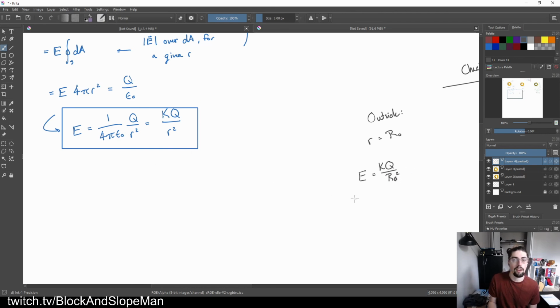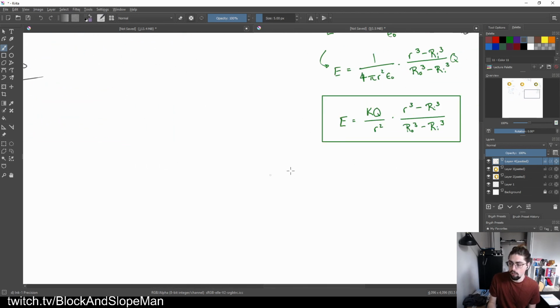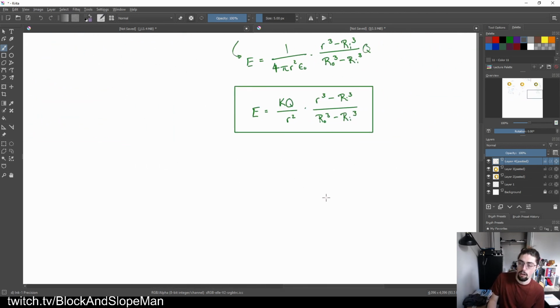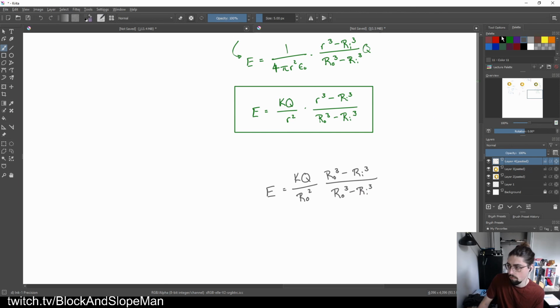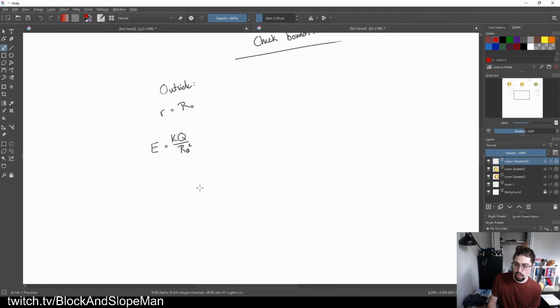We just plug that in exactly as we see it. What about what we had seen from over here? What happens when we plug in over here? Well, this whole thing just becomes 1. So we're left with kq over rho squared. Our boundary conditions agree.